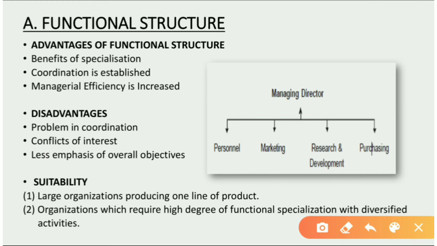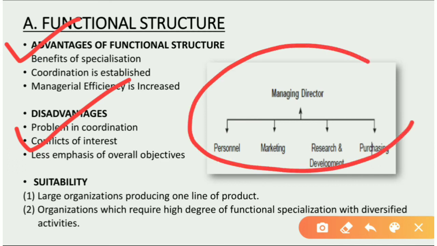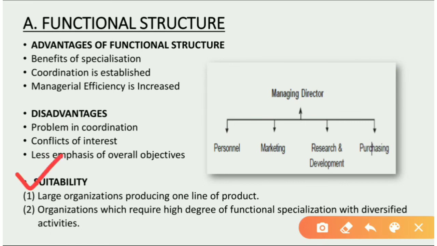Okay, so these were some of the advantages and some of the disadvantages of functional structure. Now the last point is suitability, means the functional structure can be followed by which type of organization. See students, as I told you, there are two structures, functional structure as well as divisional structure.